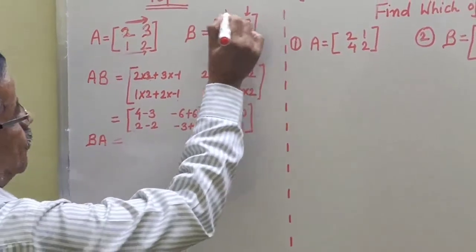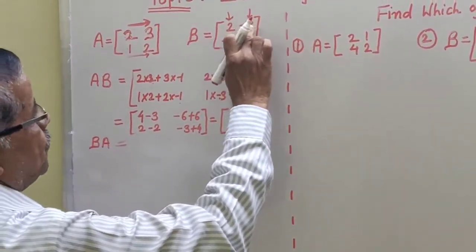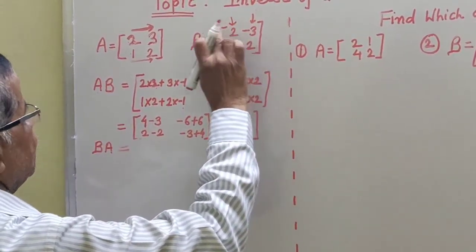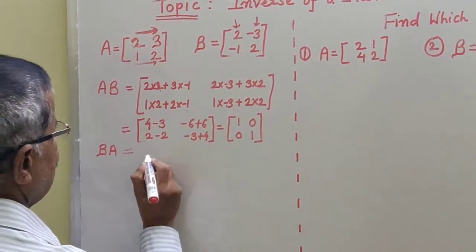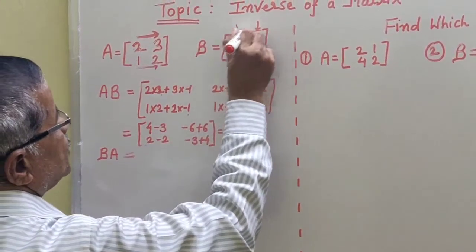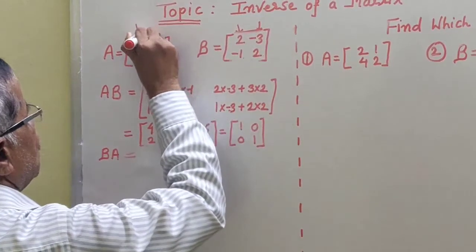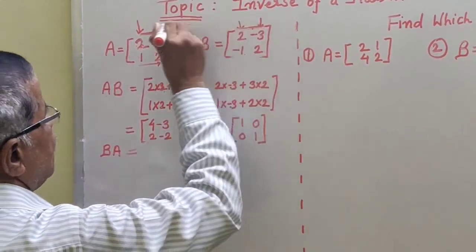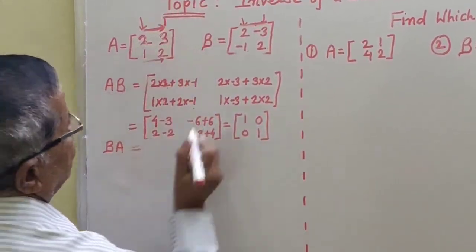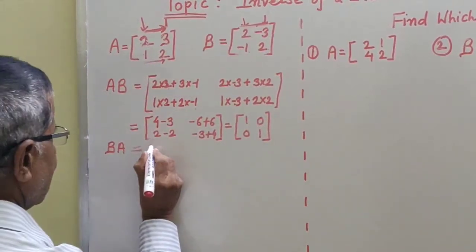What is B? The row of B is 2 and minus 3. This row is multiplied with this column, and this row is multiplied by this column. Now 2 into 2 will come here.